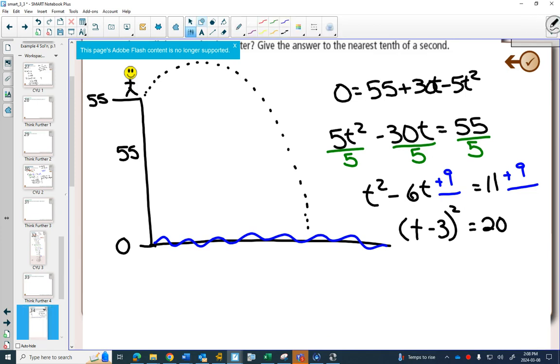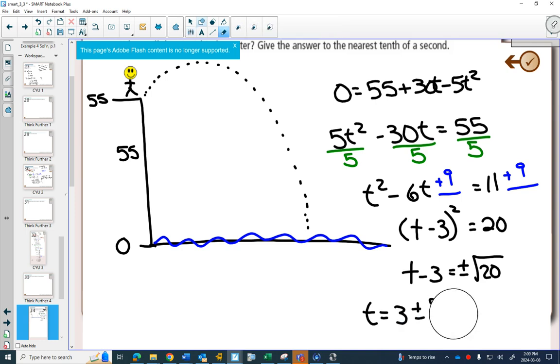I can now square root both sides. Plus or minus the square root of 20. Add the 3. And square root of 20, I should simplify to 2 root 5. But the question asked to put it to a decimal place.